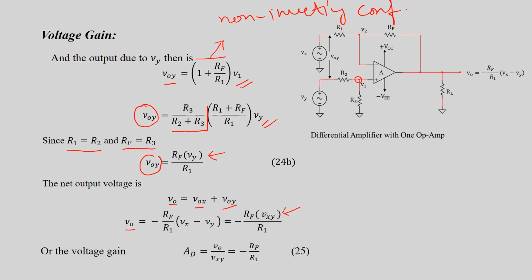So the voltage gain of a differential amplifier AD is VO upon Vxy, where Vxy is the differential voltage.